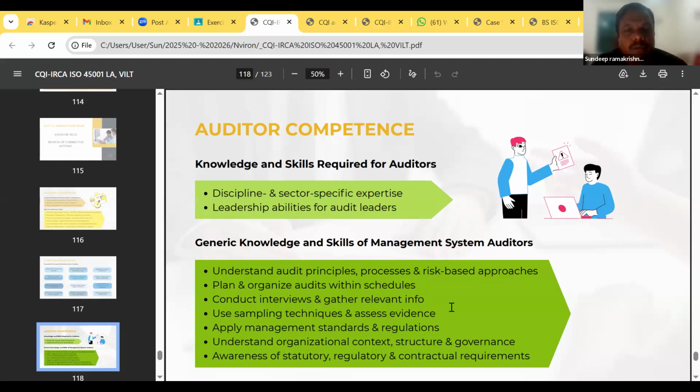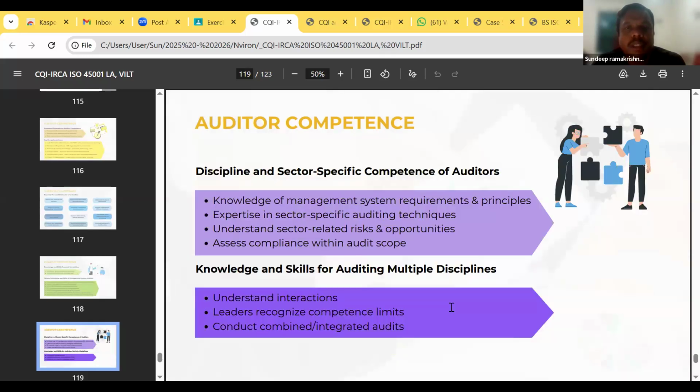All these skills you need to develop in yourself. And the sampling techniques, how many samples you want to take in any department or any process. All this you should have a rough idea before you start the audit, right? And apply management standards and regulations, understand organizational context, structure, and governance, have awareness of statutory, regulatory, and contractual requirements of whatever the process you are going to audit.